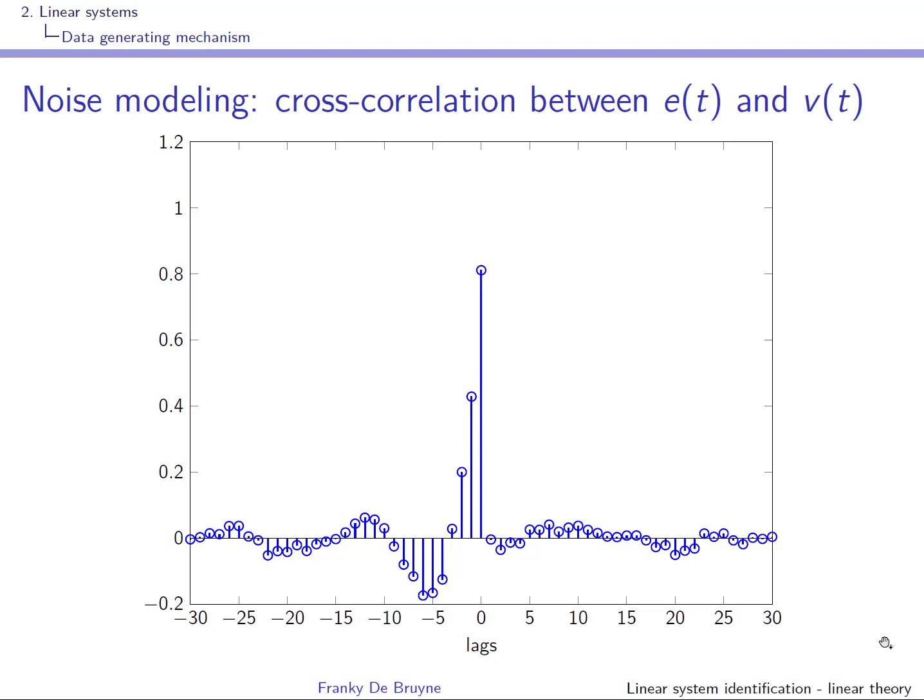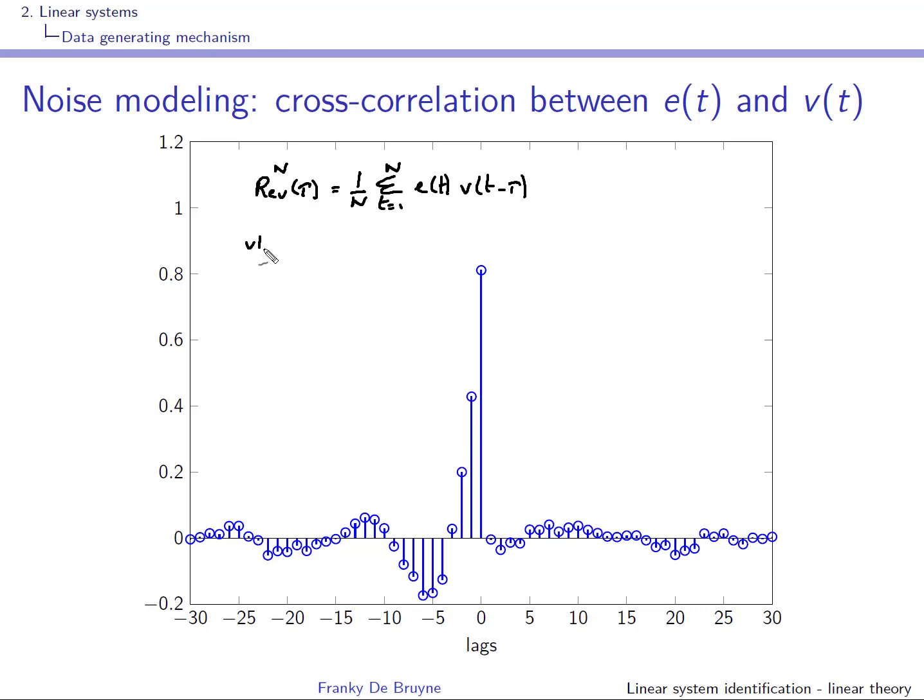So what you see over here is R_ev of tau based on n data, and really this is 1 over n, a sum over all the data. Let's write it: t equals 1 to n, and then e of t v of t minus tau.